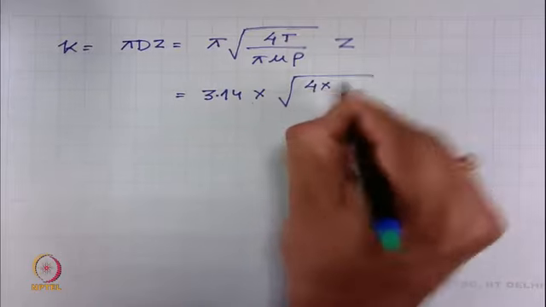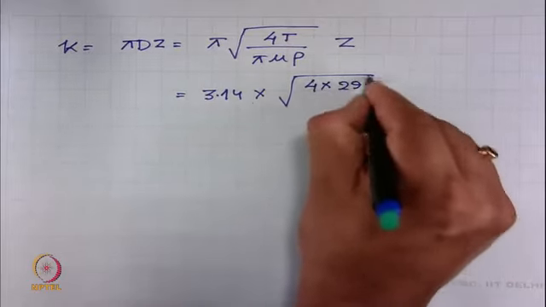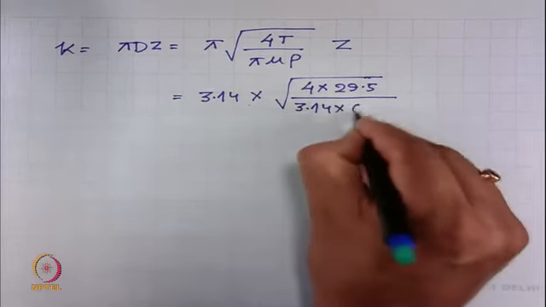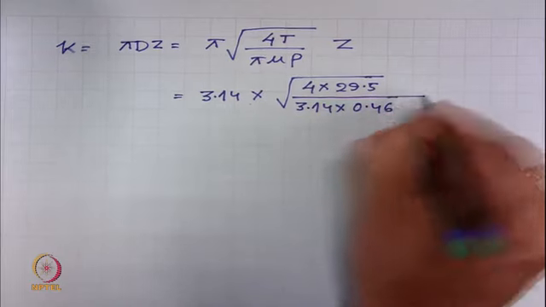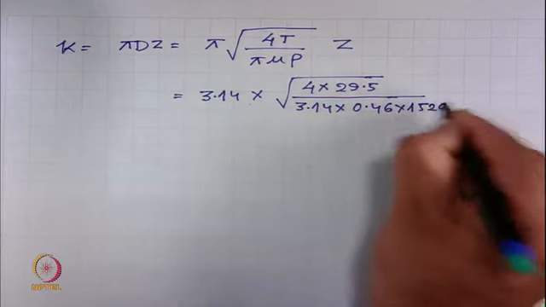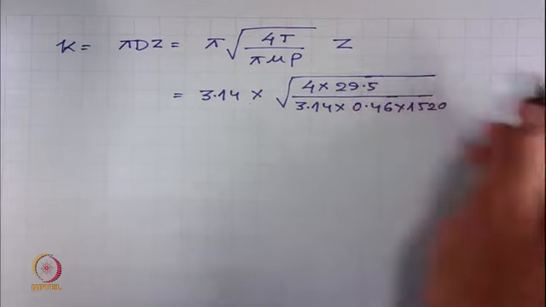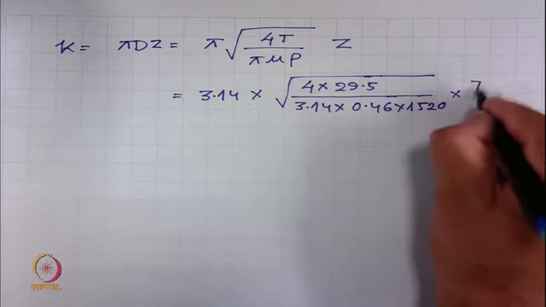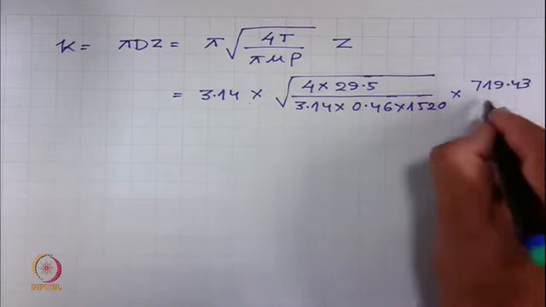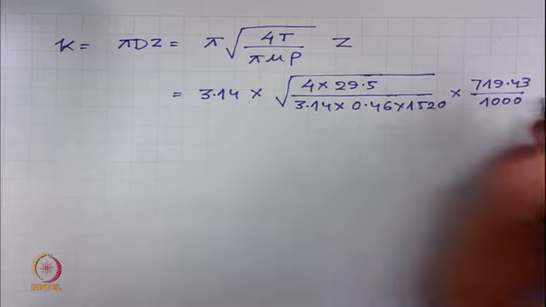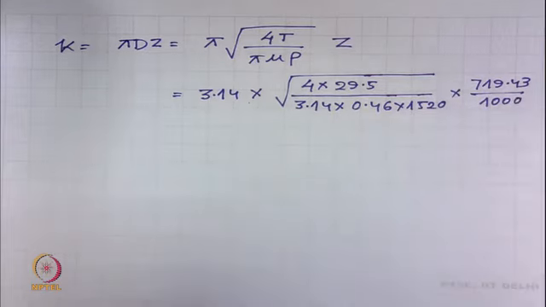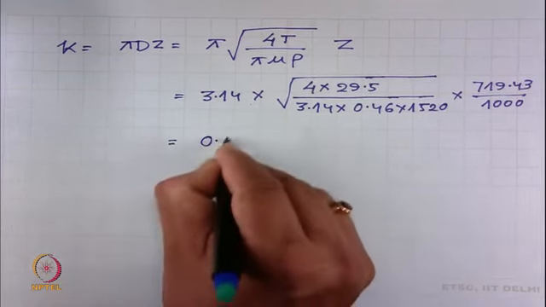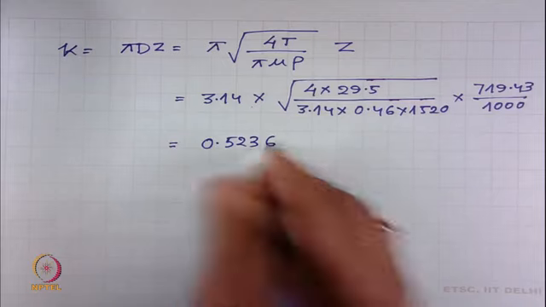For T is 29.5, 3.14, mu we determined 0.46, and cotton fiber 1520 kg per meter cube. This will give you d in millimeter, and then 719.43 divided by 1000 will also give you Z in per millimeter. If you solve, you will find out the value 0.5236.